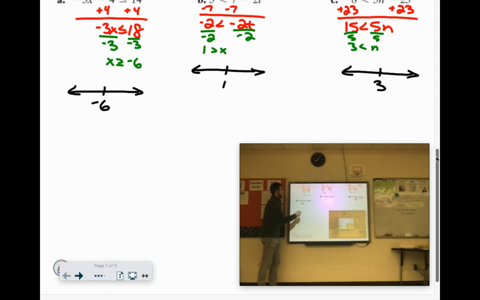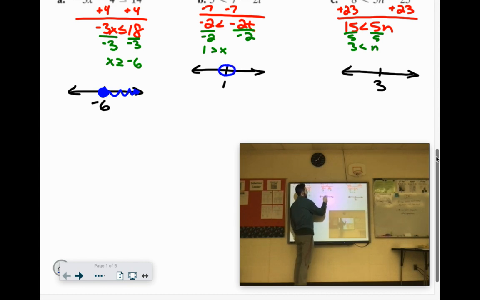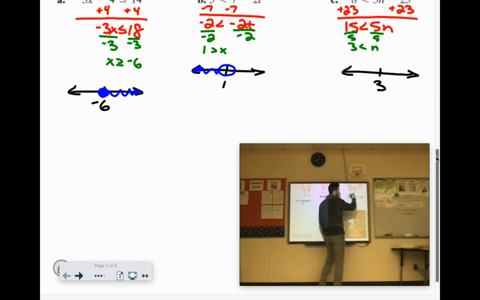Let's see. Letter second, so you go the opposite way, same thing here.